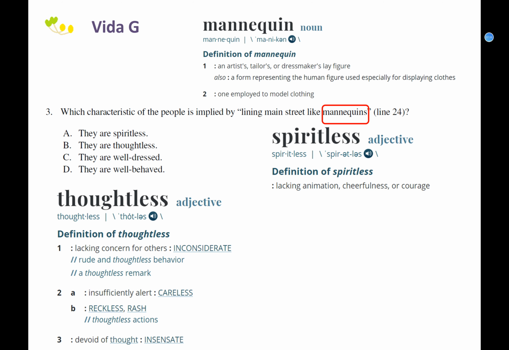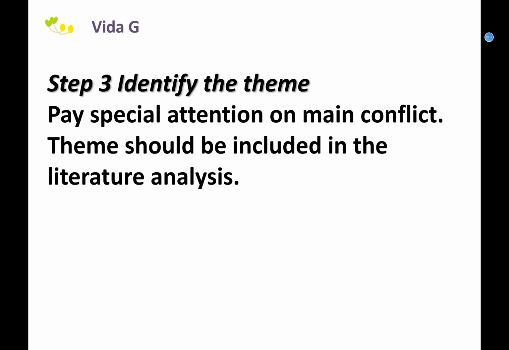Some ESL students may check the new word's meaning in their own language, but there might be some translation mistakes in your own language. So make sure you check the exact meaning in English. And for the other two choices, we have no clues in the poem to tell that mannequins are well dressed or well behaved. So the answer is A.